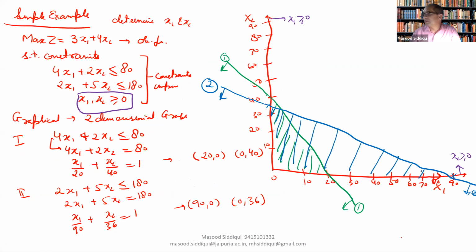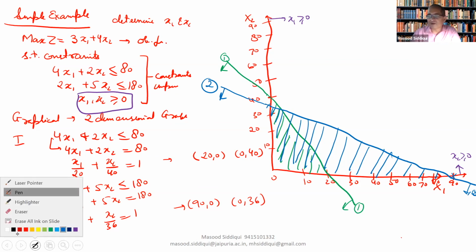So this blue part is satisfied by constraint 2, and the green part is satisfied by constraint 1. Now both these constraints are paramount, so we will consider the common part of these two.